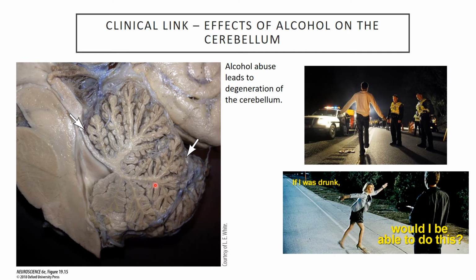The other thing that we can see is that, because we're talking about coordination of movements, if you think about the connection of alcohol and movement, it can be used as a way of assessing whether someone is impaired and when they shouldn't be driving.